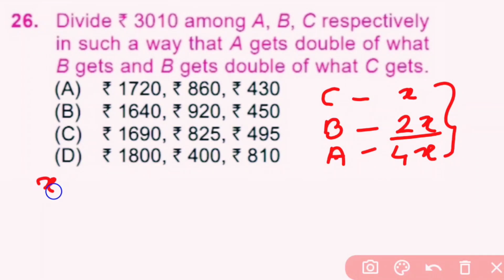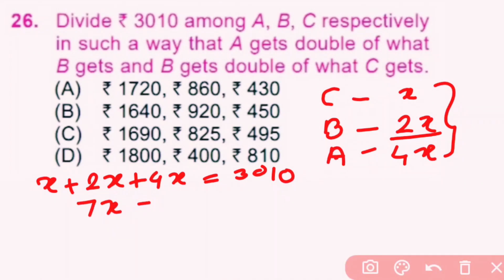Means X plus 2X plus 4X is equal to 3010.